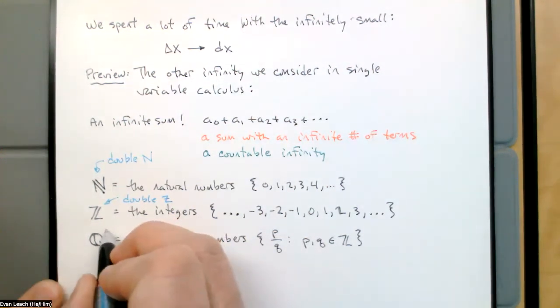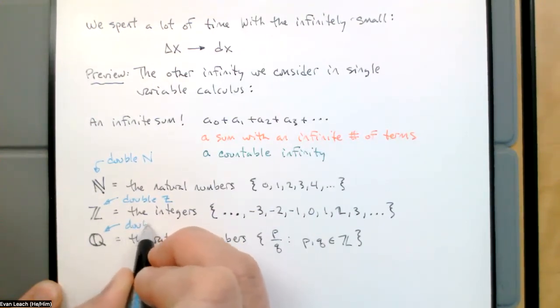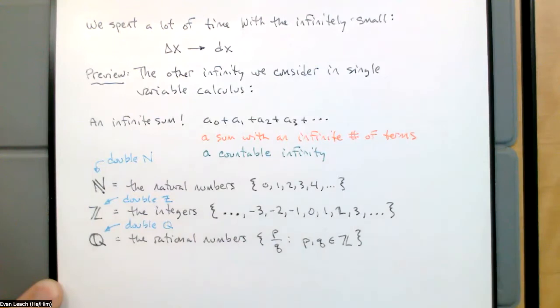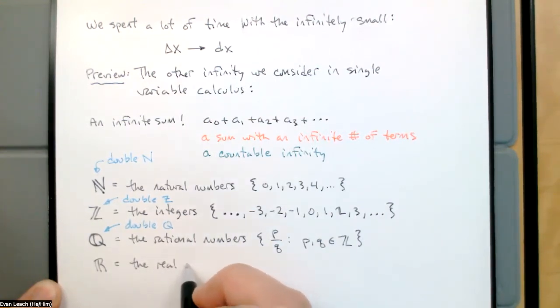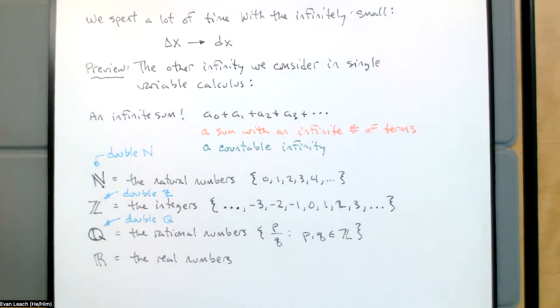Mainly this is because, at least this one we know, R is spoken for. R is our abbreviation for the real numbers. This is our rational numbers plus the irrational numbers.